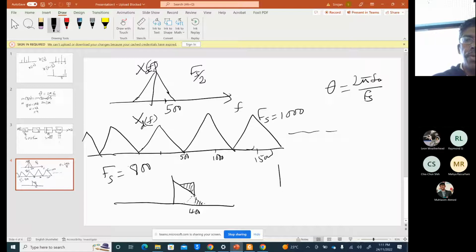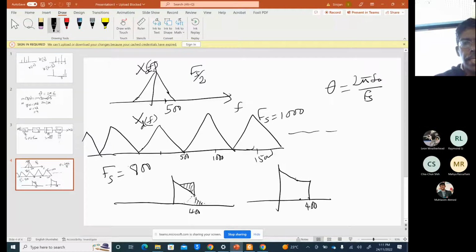So the sampled spectrum will look like this. This is 400, and this is 300. From 400 down to 300, it comes down like that, and then it is flat up to 400. Why is it flat?